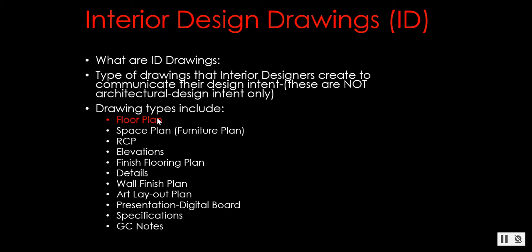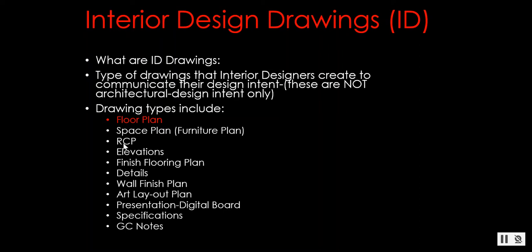We provide a floor plan. Often it's just called a base plan or a shell. We usually get this from the architect, and with that, all the other drawings come. We provide a space plan, which is sometimes referred to as a furniture plan. That is basically taking the floor plan and adding furniture.